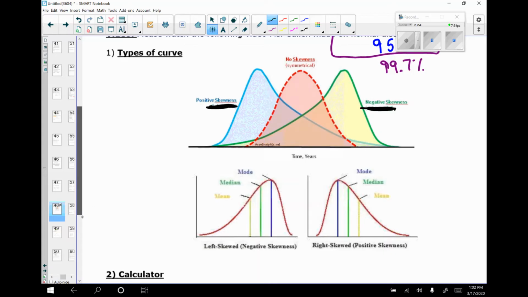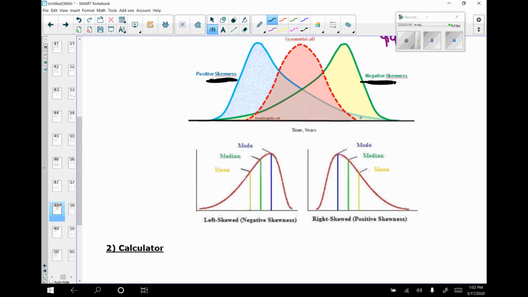All right, now this is called a positive skewness, okay, and a negative skewness. Or what you'll see more, especially in the SAT, is your data being left skewed. That means that my tail, I call this the tail here, is on the left, okay, or right skewed.